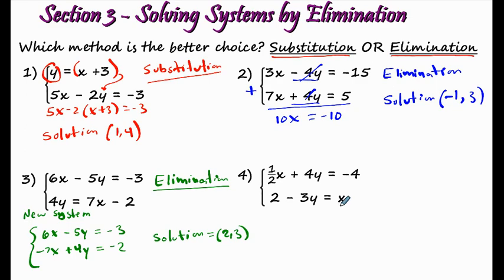Problem 4, we see x is already solved and isolated, so anywhere I see x, I can replace x with 2 minus 3y in the other equation. This would give us 1/2 parentheses 2 minus 3y plus 4y equals negative 4. We can then distribute through the parentheses.